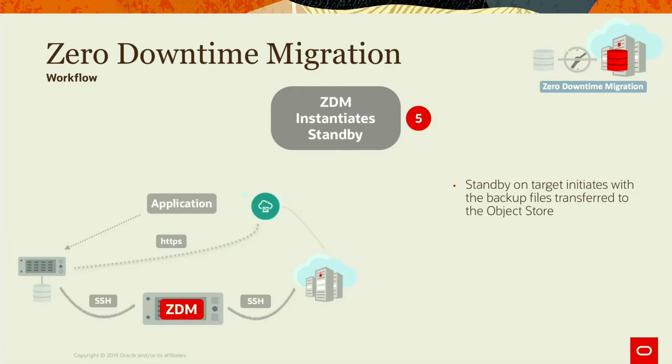Once we have finished transferring the database files, we will instantiate a standby using the files in the object store, in the Oracle Cloud service that you have chosen. Remember that the object store is in your tenancy, because we will never have access to your data. This is all kept under your control, and we only orchestrate and facilitate the process, but your data is always your data.